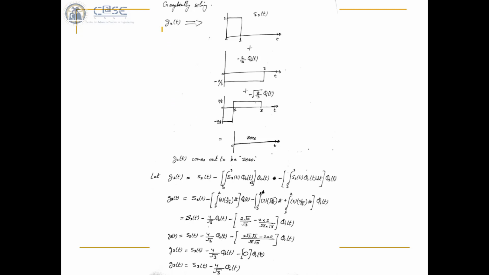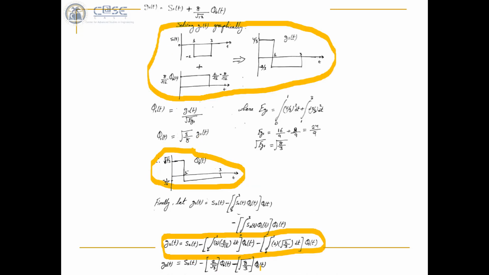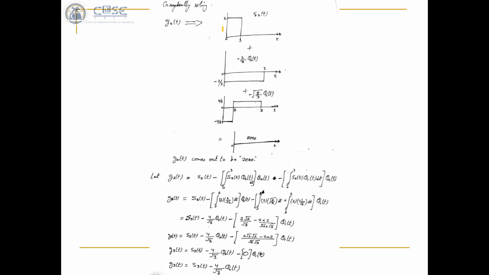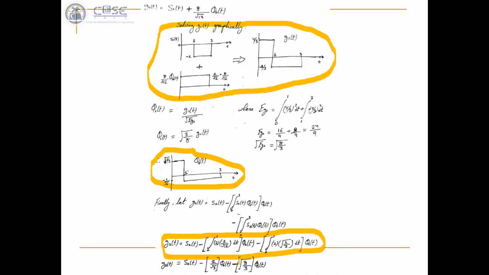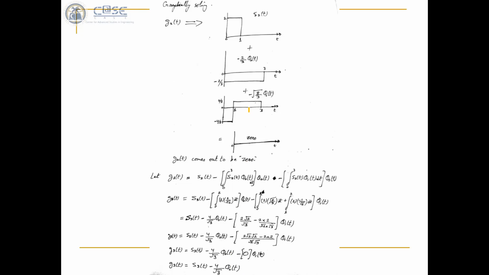And it turned out that g of t comes out to be 0. If you visualize these three functions graphically, S2 of t minus 2 over under root 3 phi naught of t minus under root of 8 over 3 phi1 of t, individually and add them together as per this equation requirement, you end up getting 0 as a result.